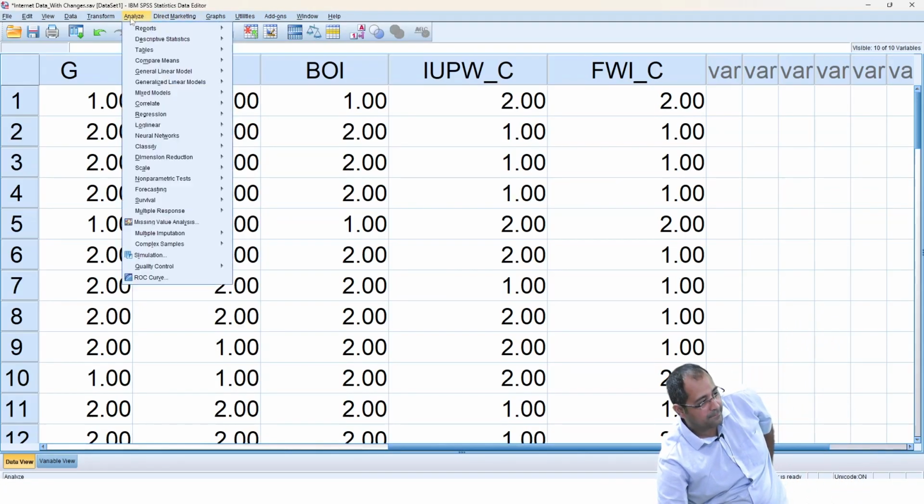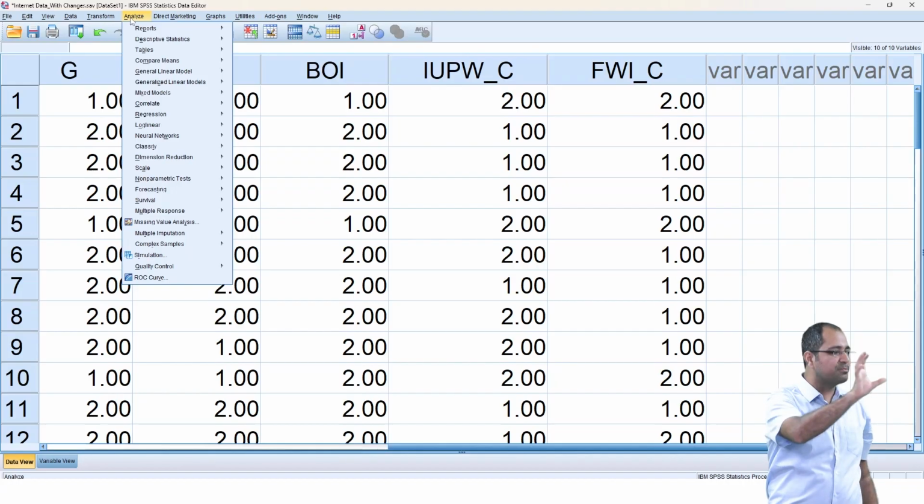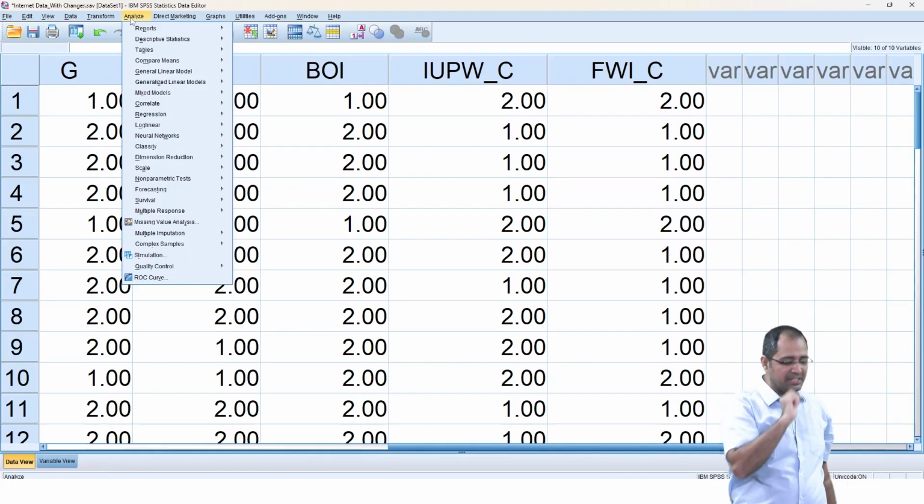So what's the difference between the critical value and the p-value? The critical value is the chi-square critical value, which means how much the difference should have been.